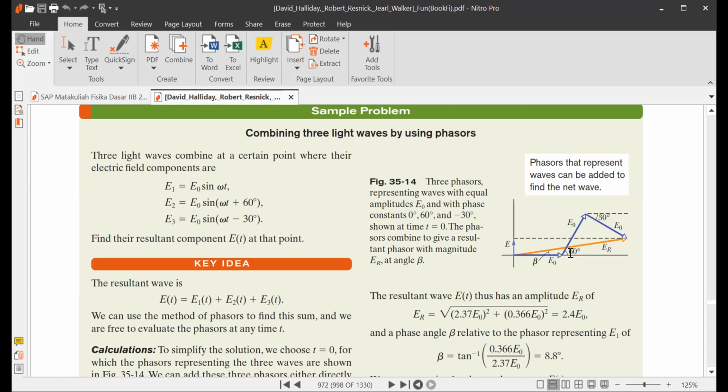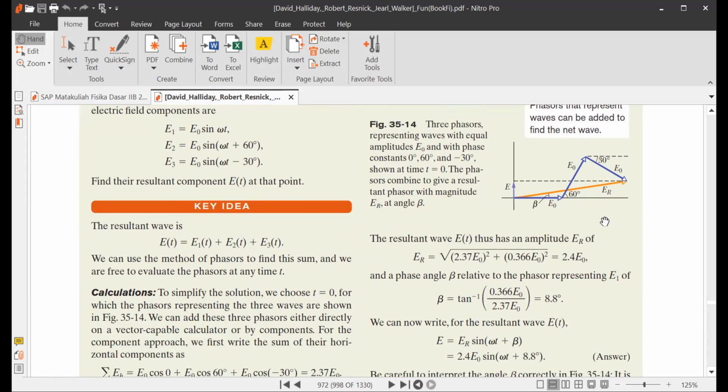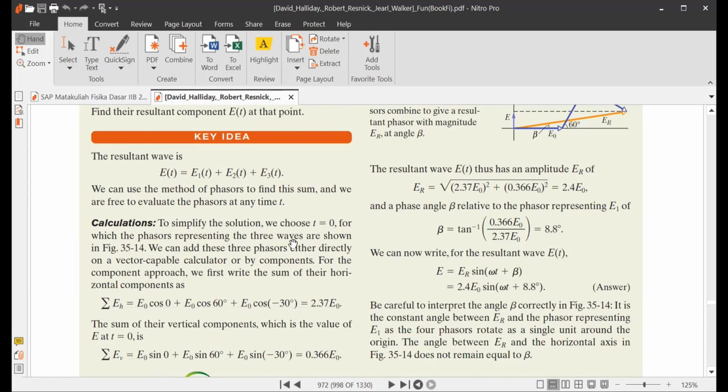And then this E3 here is minus, it means that it is in the fourth region of the diagram. So basically the resultant wave is E1 plus E2 plus E3.